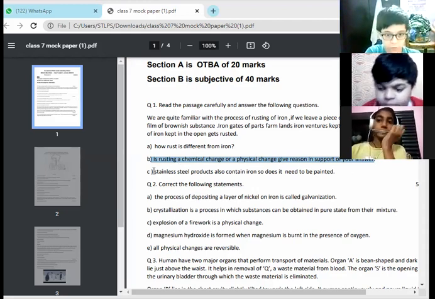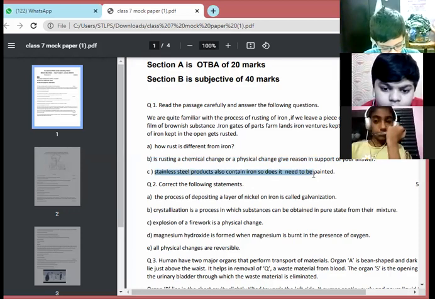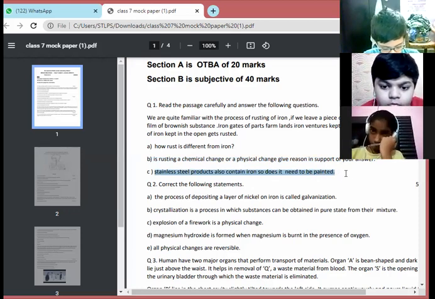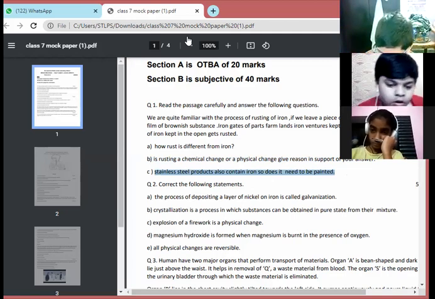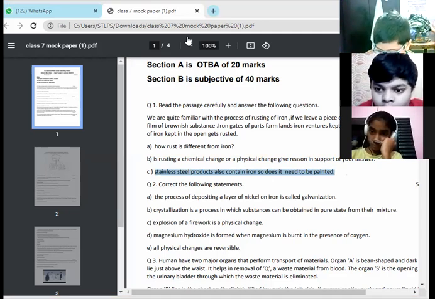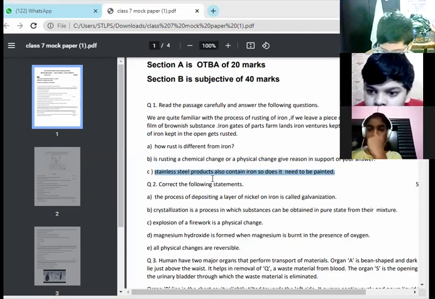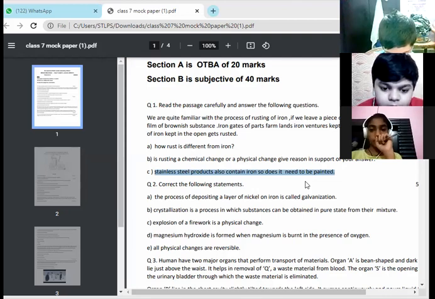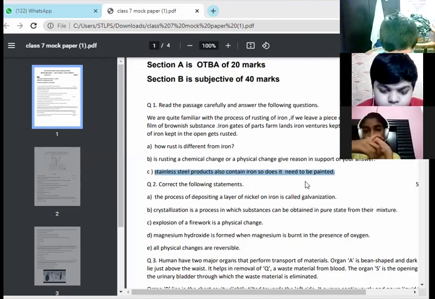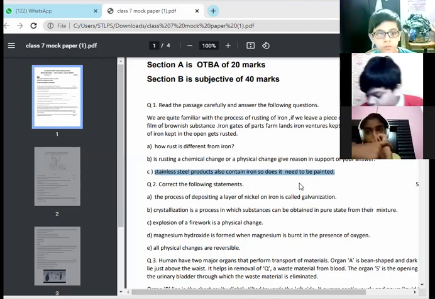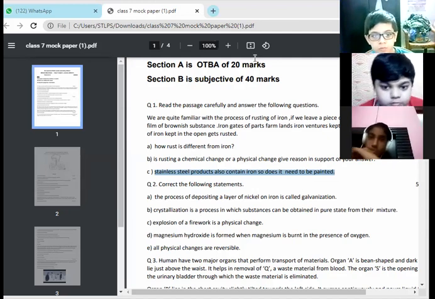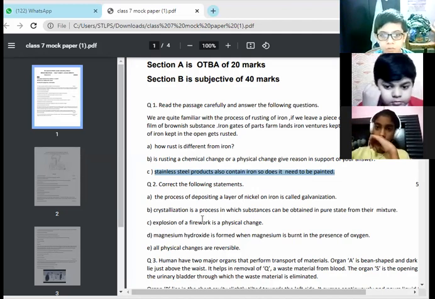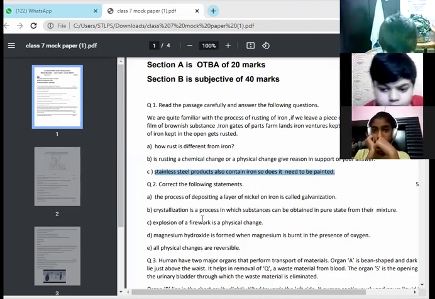Next. Stainless steel products also contain iron. So do they need to be painted? You must have seen stainless steel products. The crockery you use at home, in which you eat food, must be of stainless steel. Yes, Mahi. No, ma'am, it doesn't need to be painted, because it is a mixture of many metals like chromium, nickel, manganese, etc. Very good.